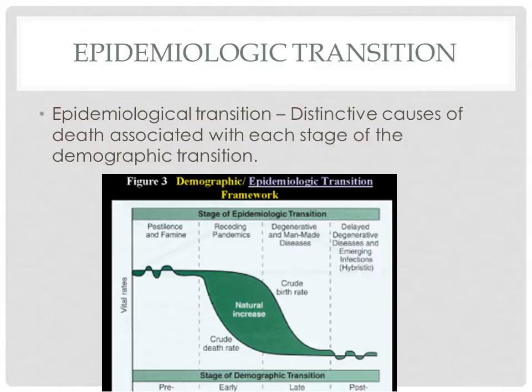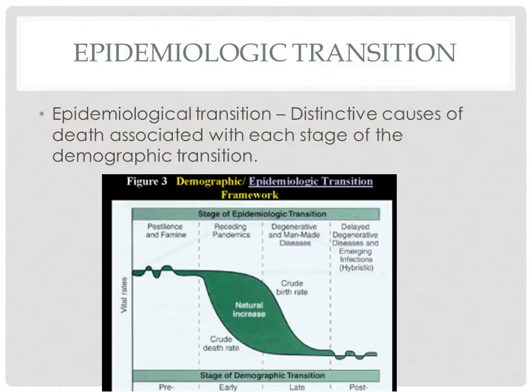And stage 5, depending on how we look at it, either the death rate starts to creep back up again or the birth rate declines to the point where the death rate is now above the crude birth rate, in which case more people are dying than are being born, the population is shrinking. So in each stage of the demographic transition, the cause of death is a little bit different.